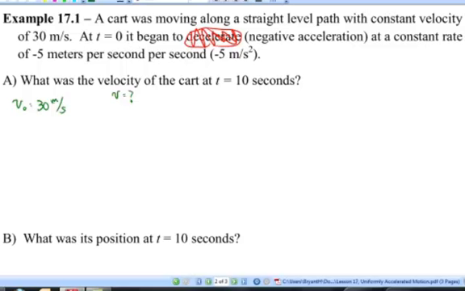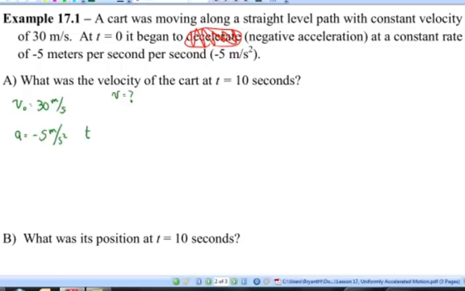They told us that the cart has a constant acceleration of negative 5 meters per second squared. And these problems, to start with, are nice in that they give you the negative sign. In later problems, you're going to have to discern that the sign is going to be negative and put that sign in. But here, they give us this.